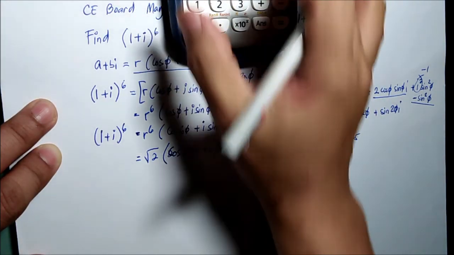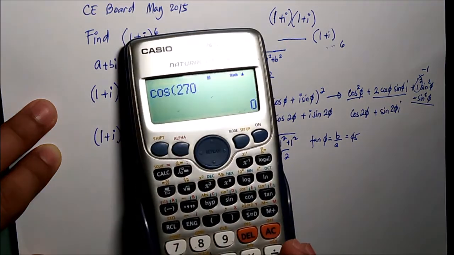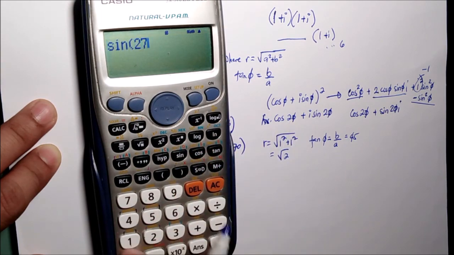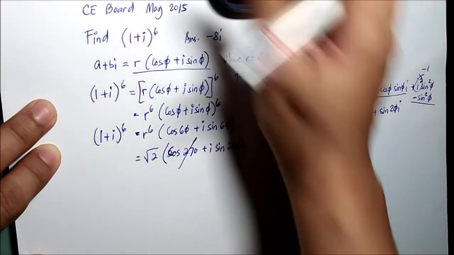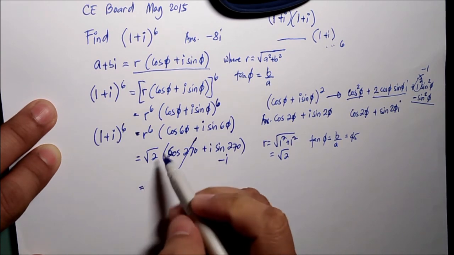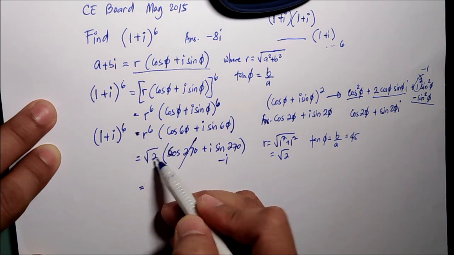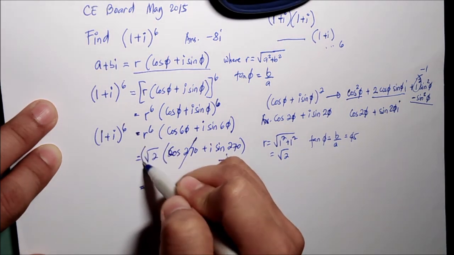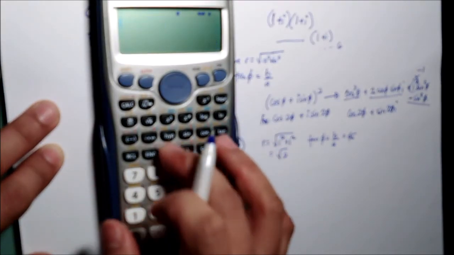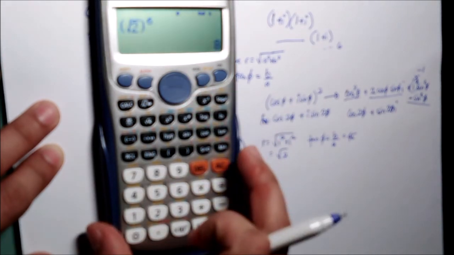Cosine of 270 is 0, and sine of 270 is negative 1. Then r to the 6, so square root of 2 raised to 6, that is 8.